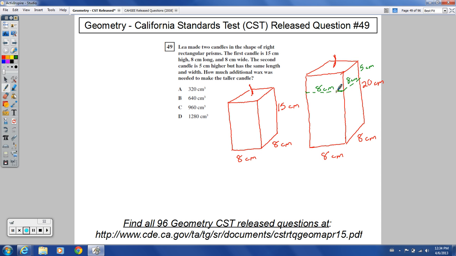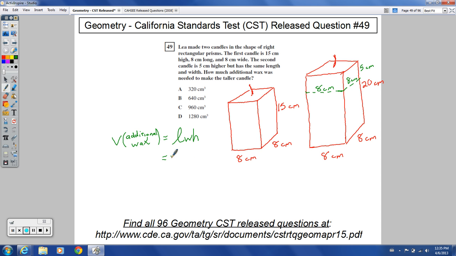So we need to find the volume basically of this part, the additional part. So the volume of that part, the volume of the additional wax, would be length times width times height. It's the same thing as capital B times H. I know that's how we've learned the formula, but the capital B stands for the area of the base, which is the same as length times width.